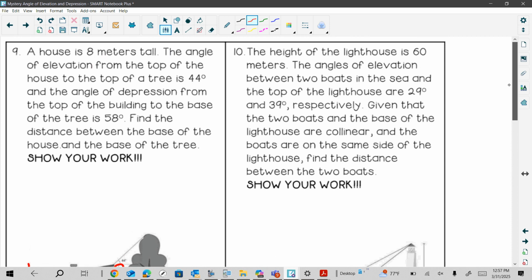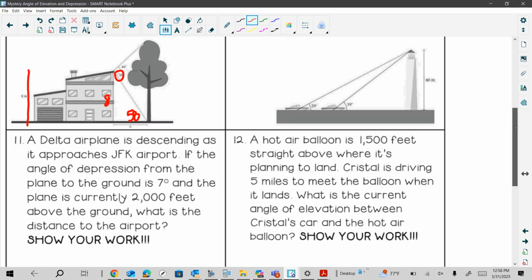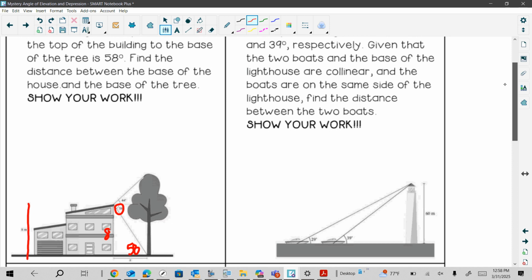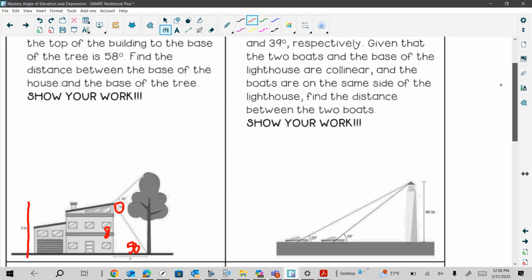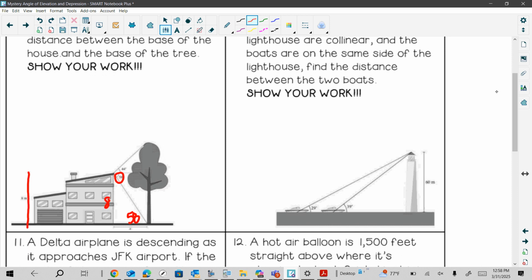It's 8 feet, so this 8 would be here as well. What they're asking you to do is find the distance between the base of the house and the base of the tree. That means this distance, which is your X. So we need to just use trig to find that distance.